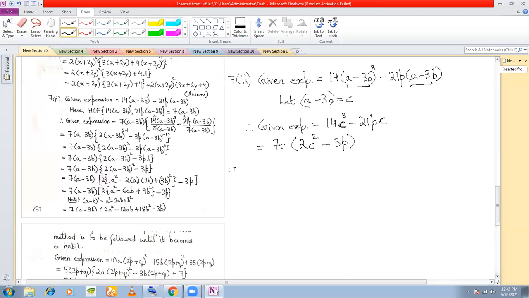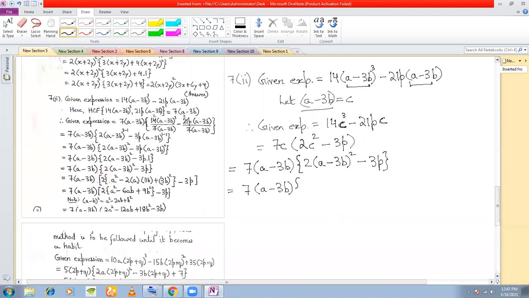Now we put back the value of c. The value of c we had taken a minus 3b. So put it back. Be mindful of the brackets. 7 times [(a minus 3b) whole square minus 3p] times (a minus 3b).